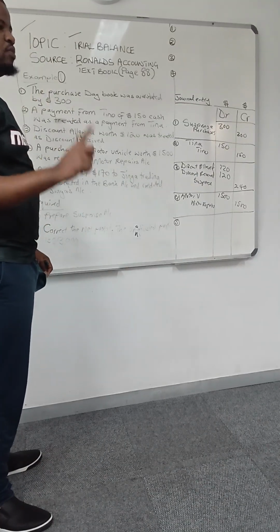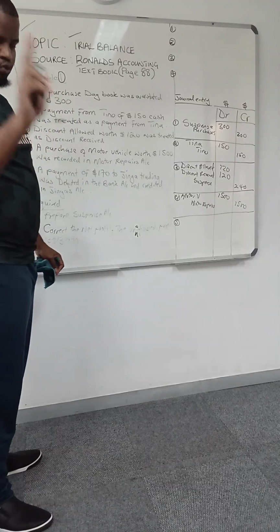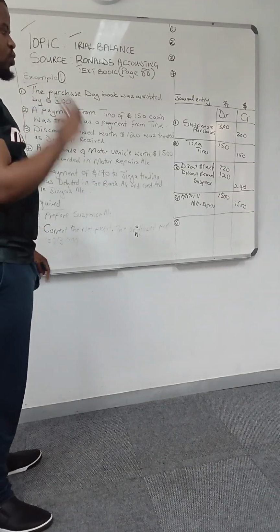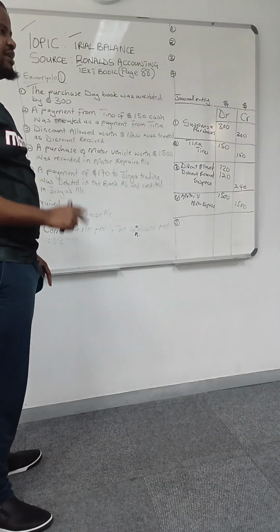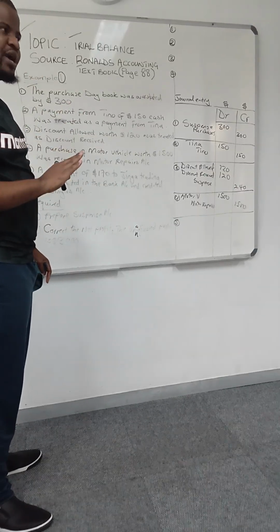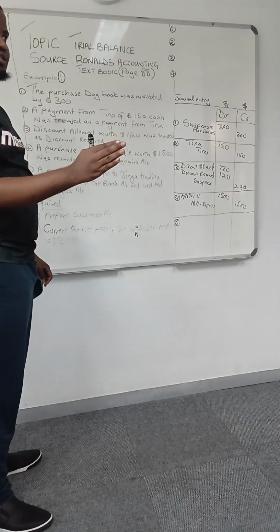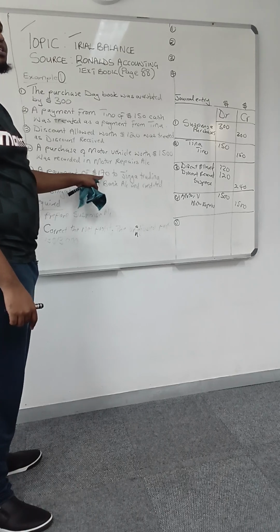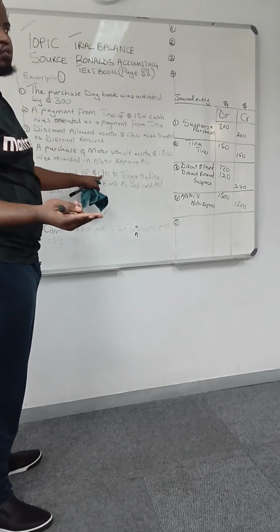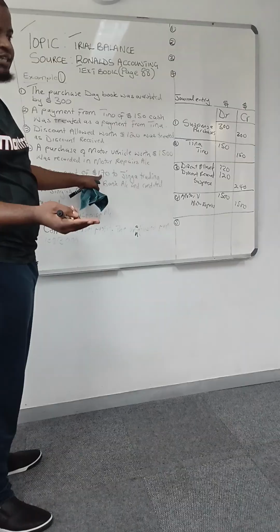One thing about complete reversal of entry, you need to know that in the journal entry, you multiply the figure by 2. Once you identify this is a complete reversal of entry, you are no longer using the figure that is there in the transaction, you multiply it by 2. Right?